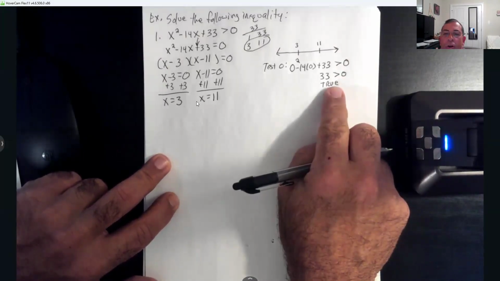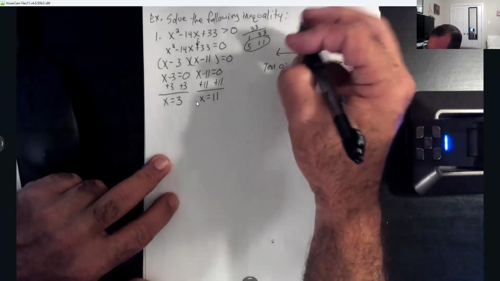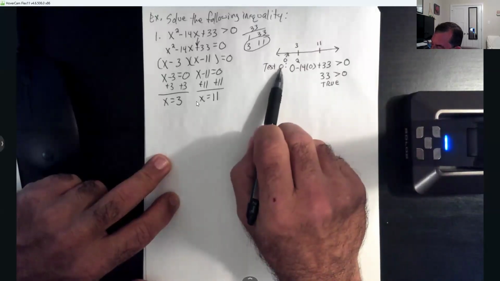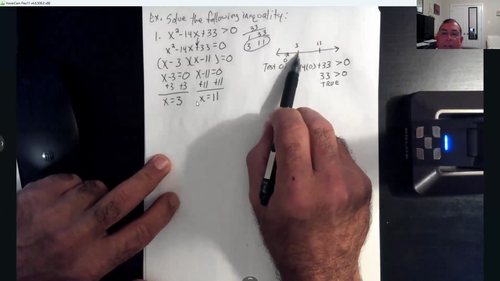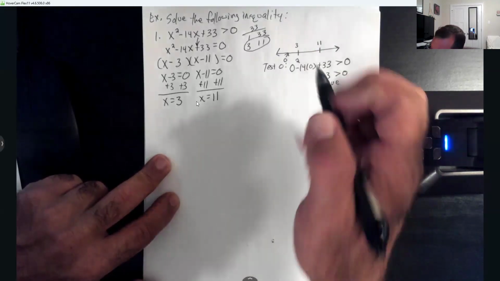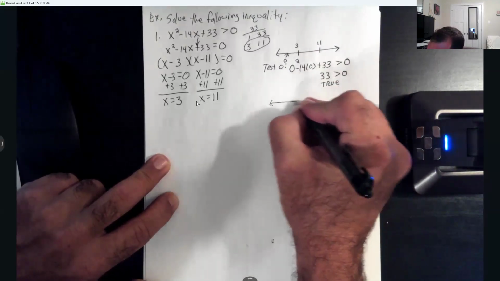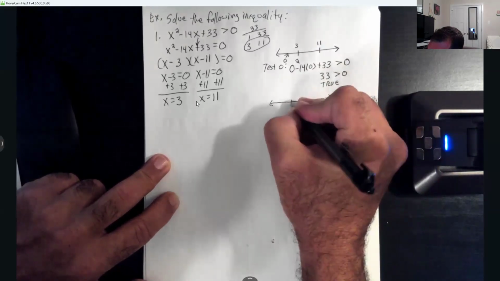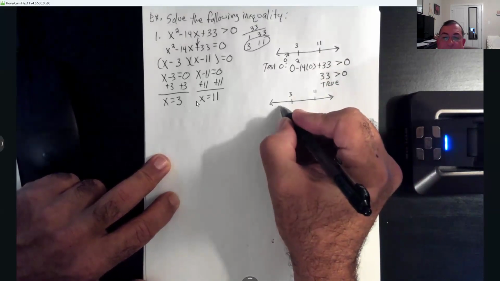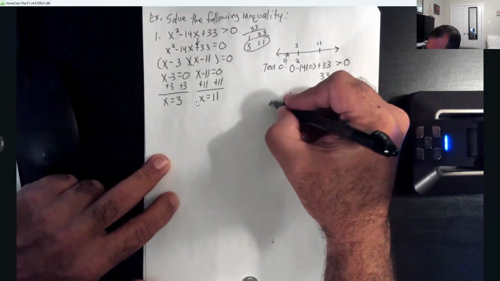Since it's true, I shade the section up here where my 0 was located. Remember, 0's up here because 0 is less than 3, right? But remember, if I shade that left side, let me draw that again. So here's 3 and 11. Since 0's in this section, we're going to shade it.